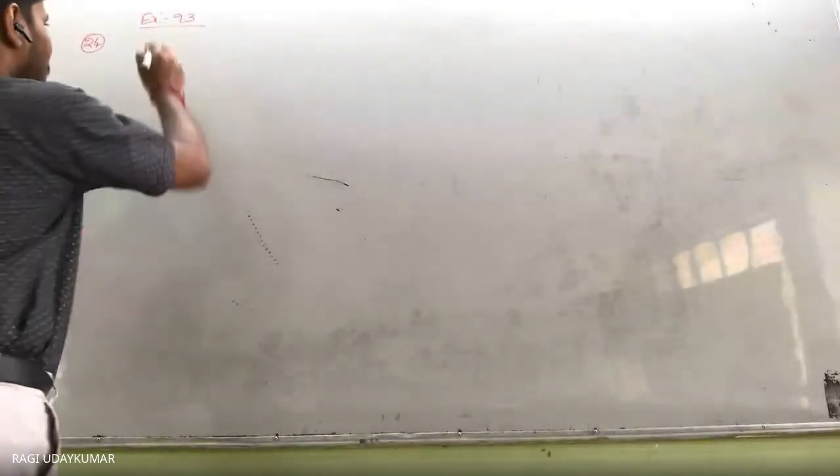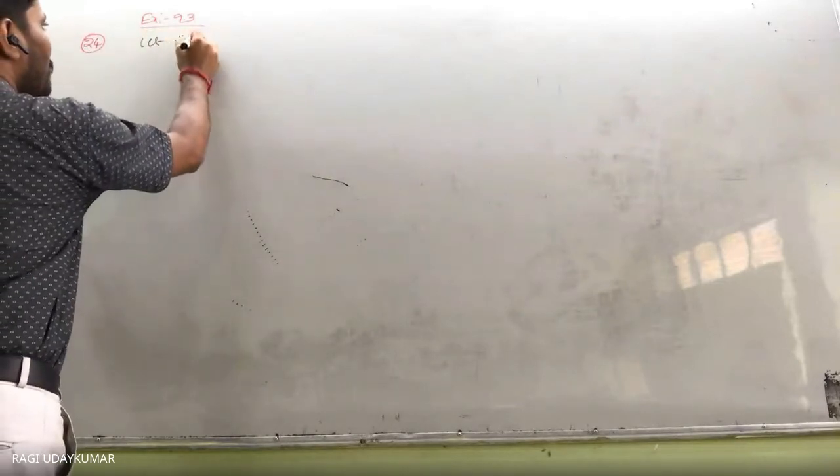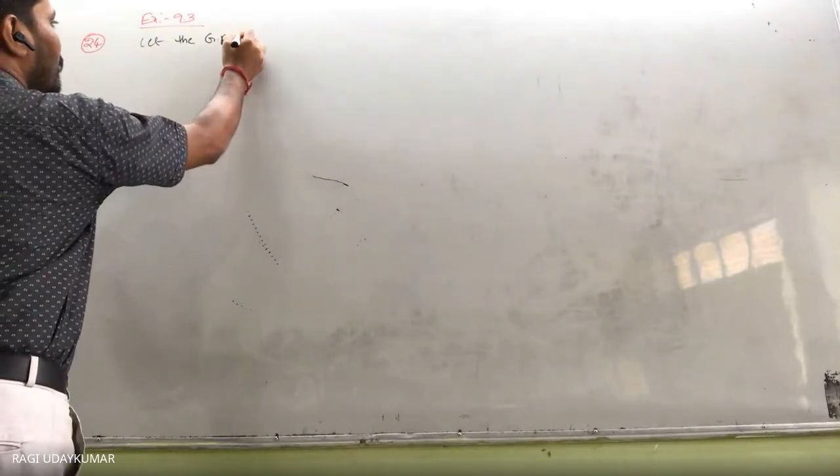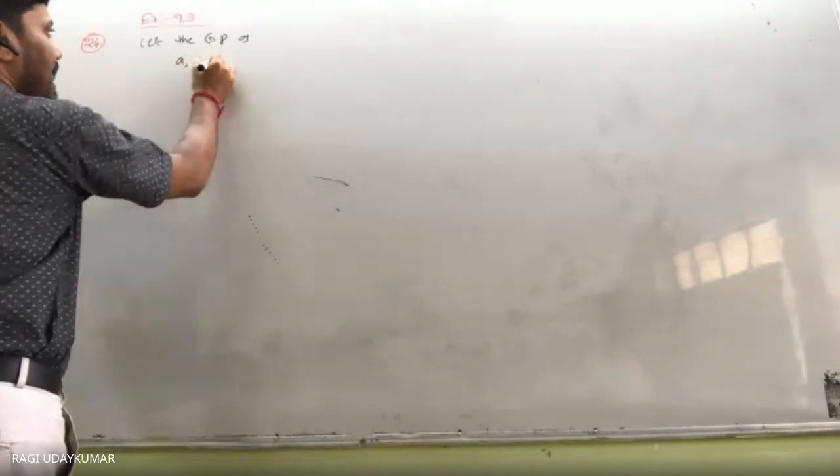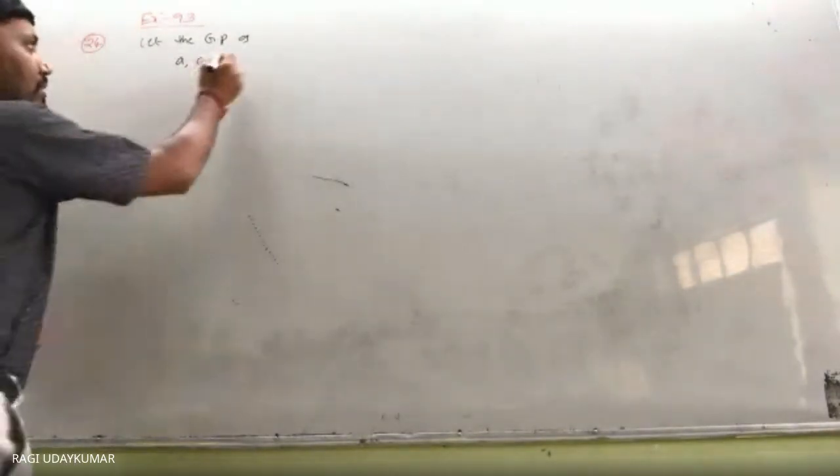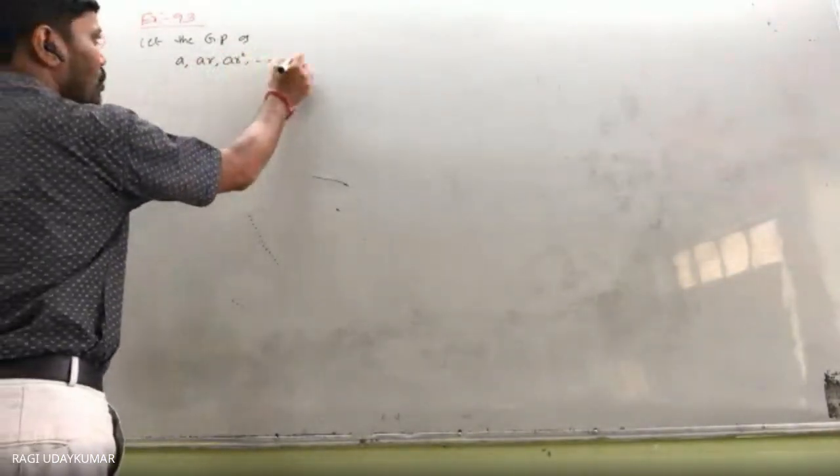First, let us consider the geometric progression as a, ar, ar square and so on, ar to the power of n minus 1. These are n terms. The sum of these n terms is in ratio to ar to the power of n, the n plus 1th term. This is the n plus 1th term.